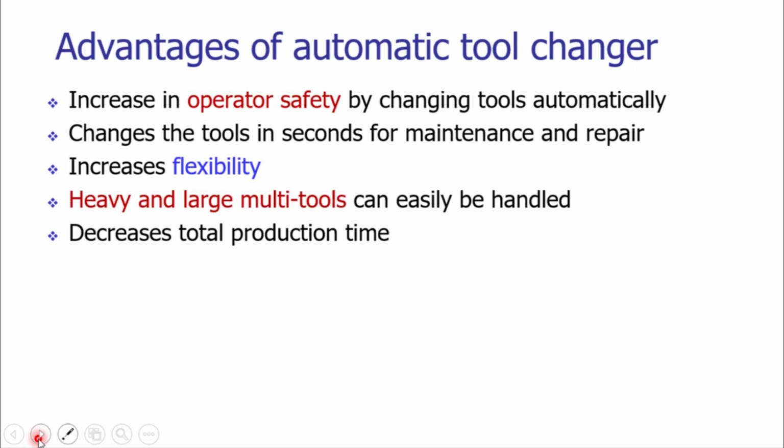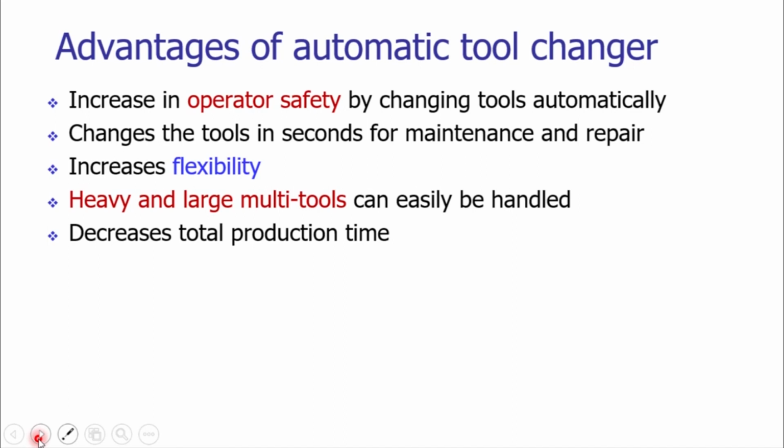So when we are carrying out this automatic tool changing operation, certainly it is enhancing the safety. The changing of the tool is done in a rapid way. We are changing the tool in seconds and that is boosting the productivity.